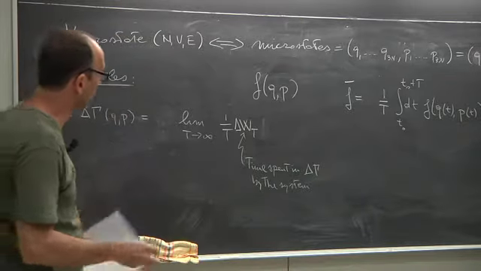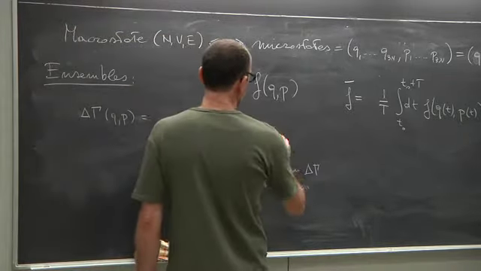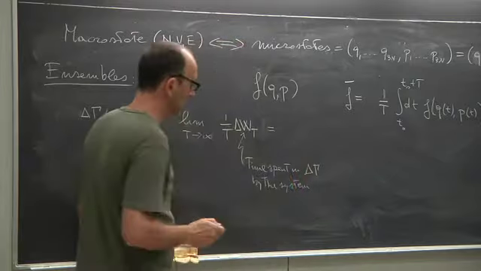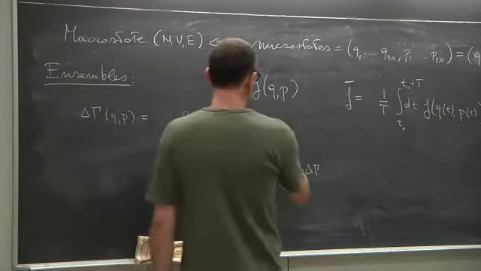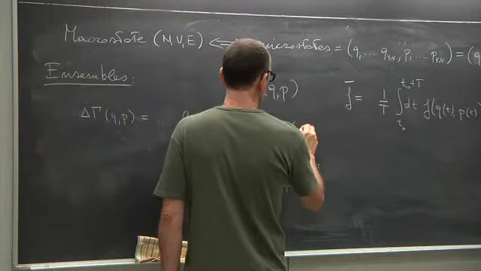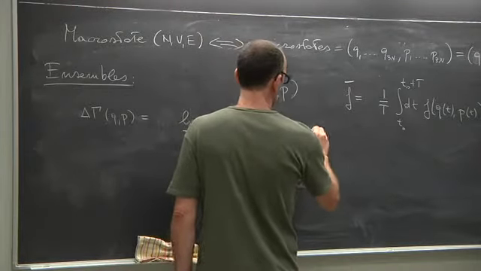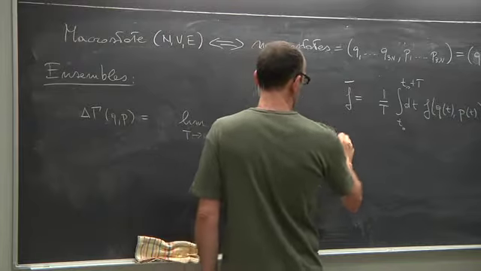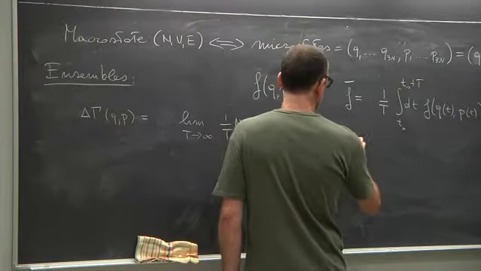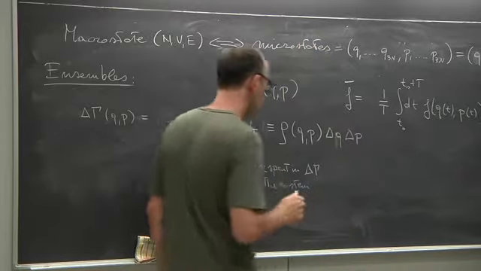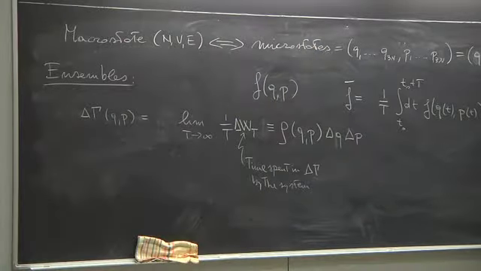And generally, this limit will be proportional to the size of the volume. So I define through this limit an object which is the density. Okay?